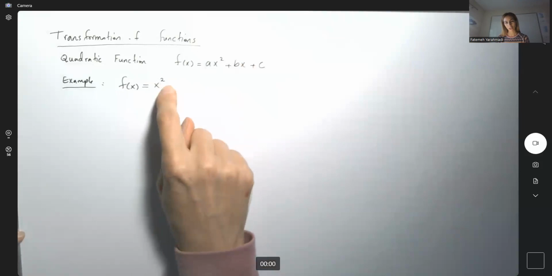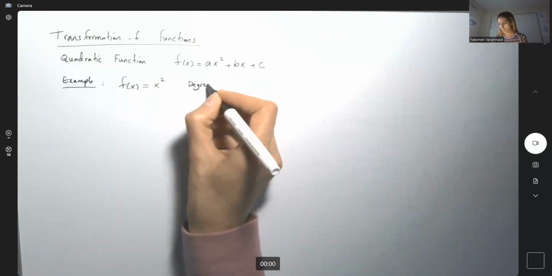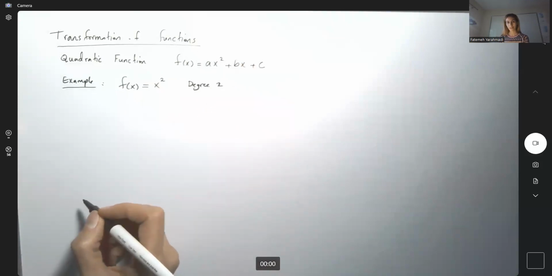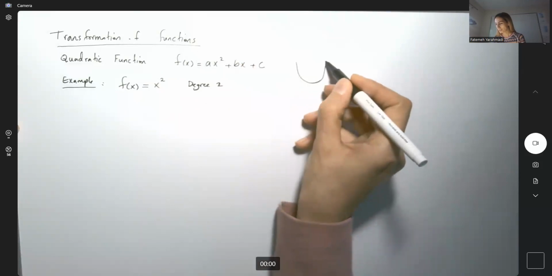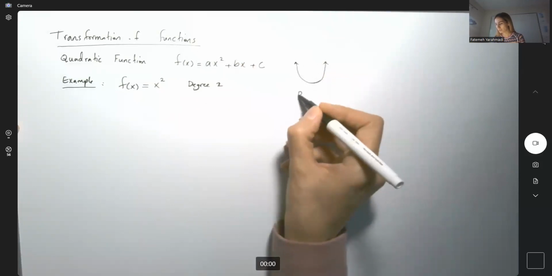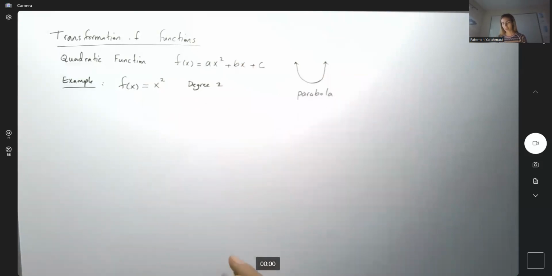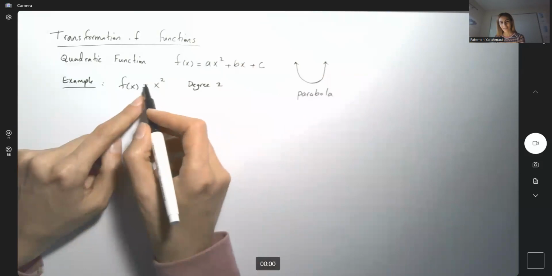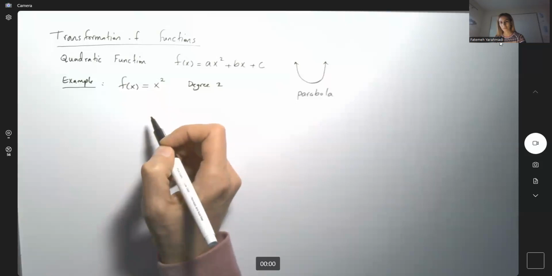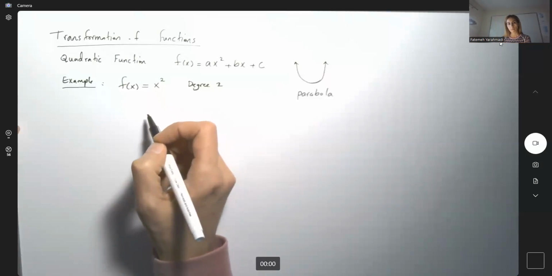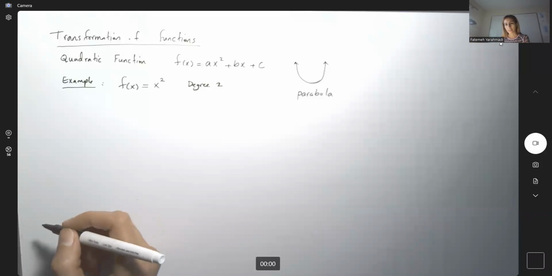The degree of this function is 2. And as you remember, this graph has a form like this. You have a parabola which opens up. Why is that? Because the coefficient of x squared is 1. So quadratic functions are parent functions.